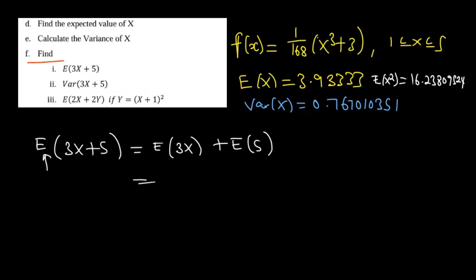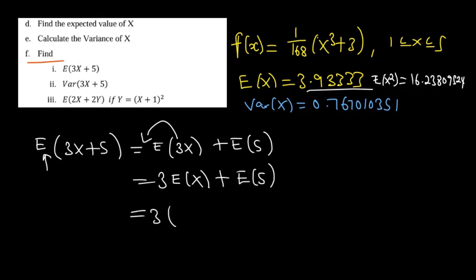The 3 goes in front, and then I remain with the expected value of x plus the expected value of 5. So this will be 3 times the expected value of x, which is 3.93333, plus, the expected value of any constant is just the number itself, so that will be 5.